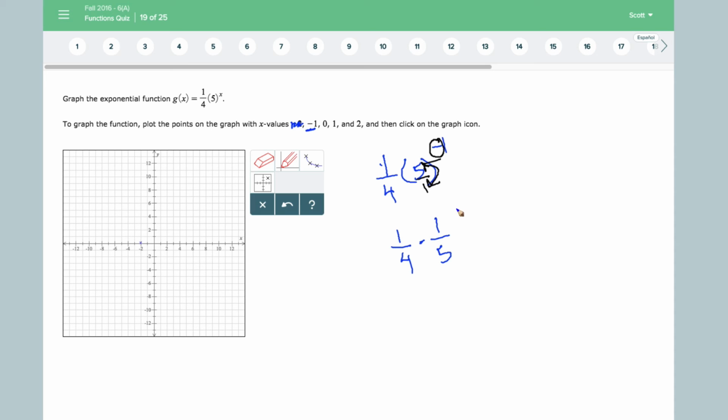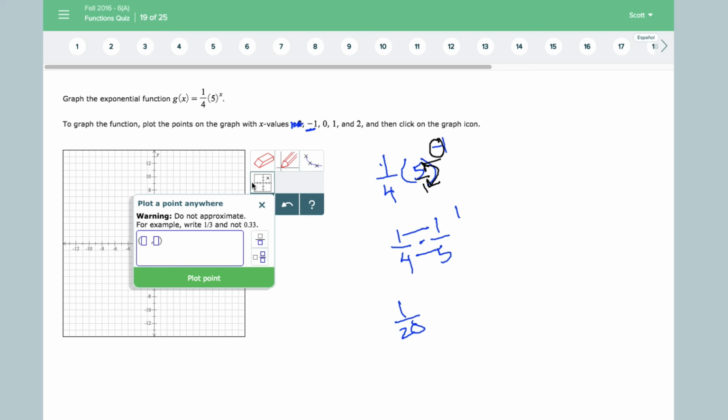And then that's still to the 1 power, but 1 to the 1 power is 1, 5 to the 1 power is 5. So what's 1 times 1? 1. What's 4 times 5? 20. So when I put in negative 1, I get 1 over 20.